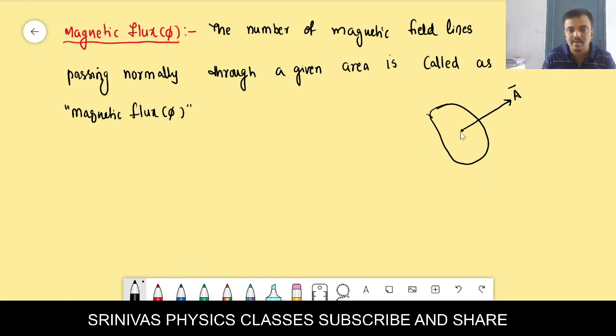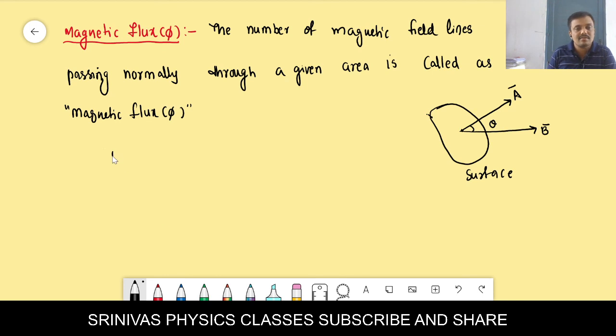This is the direction of the magnetic field, and this is the area vector. There is some angle between them. Now, how many lines are passing through this surface? Their count is said to be magnetic flux. Magnetic flux is nothing but the number of lines passing through a particular surface.